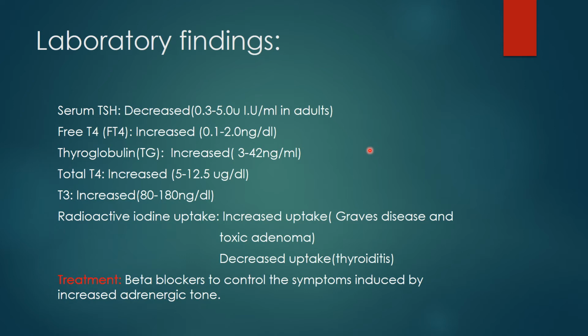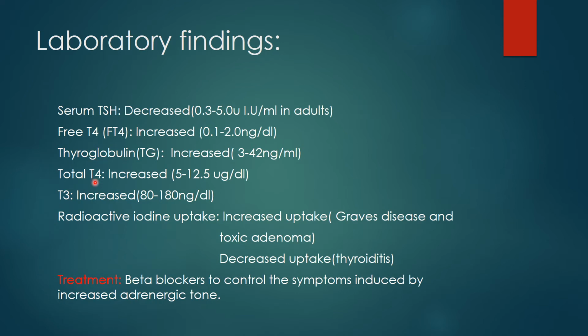So now I am discussing with you the lab findings of hyperthyroidism. In hyperthyroidism, the serum TSH level will be decreased. Normally it is 0.3 to 5 international units per ml in adults. It decreases.